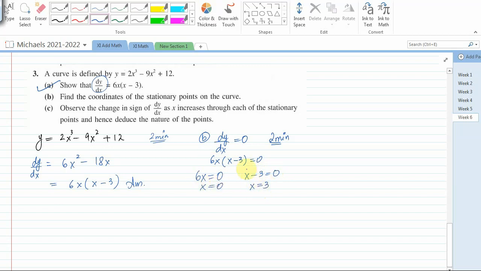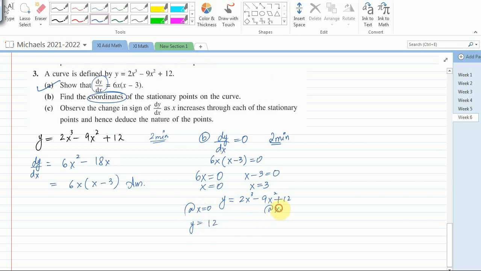Right? Since it says find the coordinates, now you need to place the value of x in your main equation, y equals 2x cubed minus 9x squared plus 12. At x equals 0, y is 12.